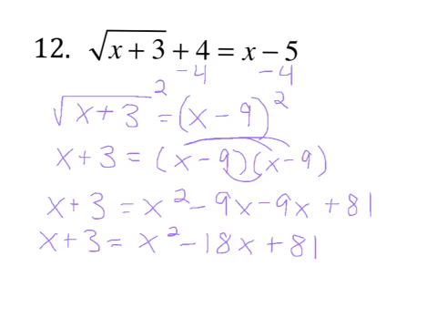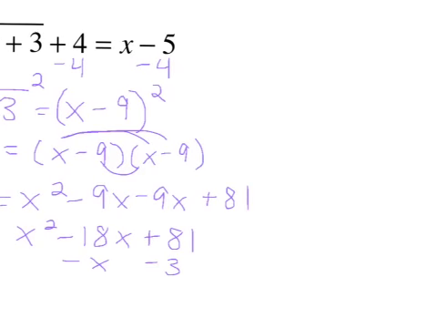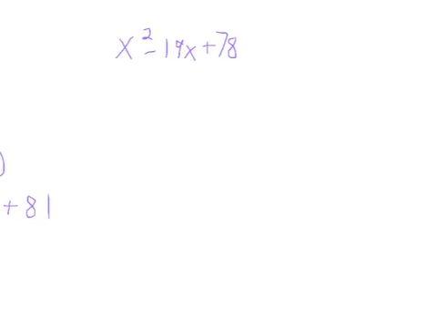And now I want to get everybody on one side and do some factoring. So if we subtract x and we subtract 3, we get x squared minus 19x plus 78 equals 0.